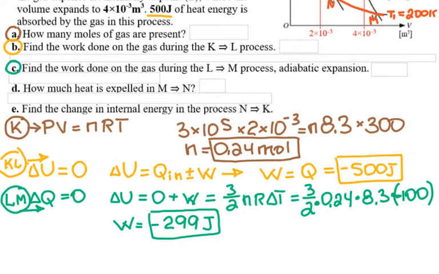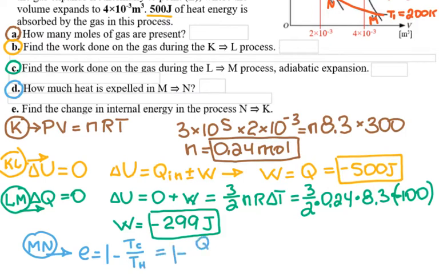In D, they ask how much heat is expelled between M and N. It's another isothermal process. To calculate how much heat is expelled, that is heat to the cold reservoir, from M to N, I can use the efficiency. I can say the efficiency is equal to 1 minus T cold over T hot, which equals 1 minus Q cold over Q hot.